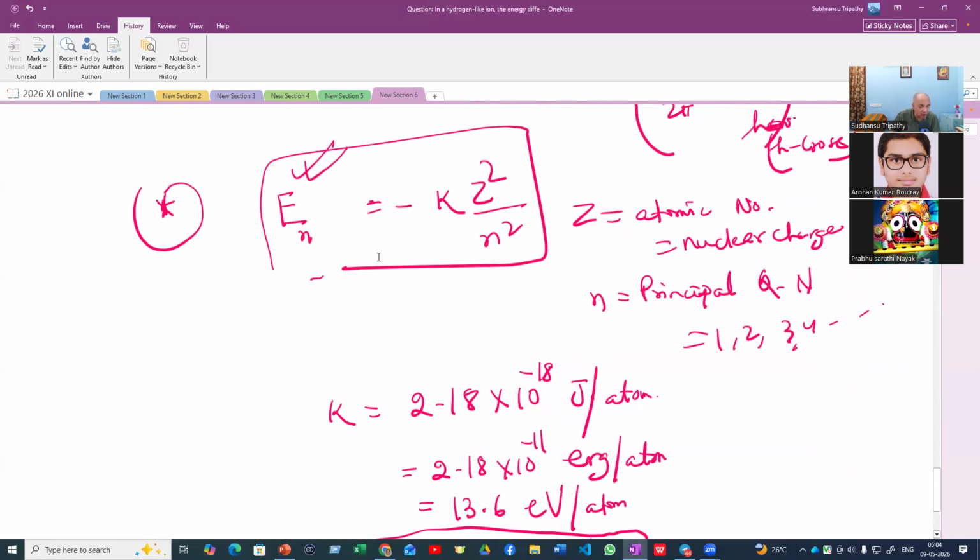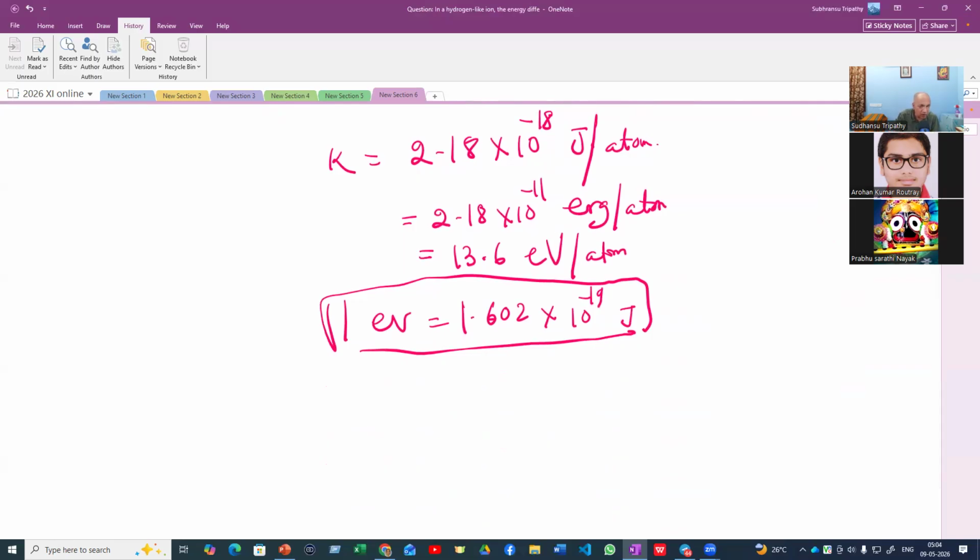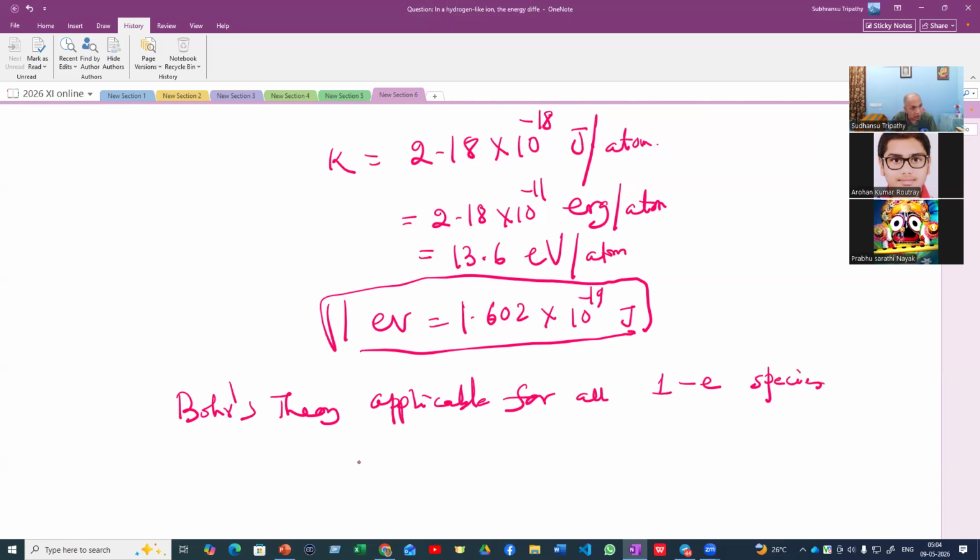So just now we shall be deriving how this equation came about, and why Z? Because Bohr's theory was applicable for all one electron species, not multi-electron species. Like hydrogen, like helium plus, not helium.